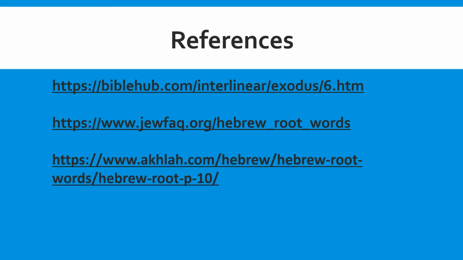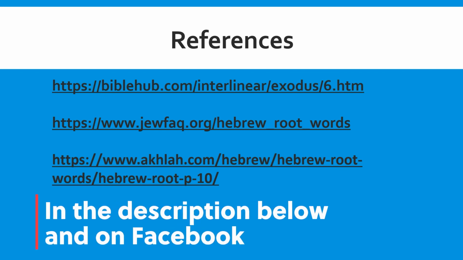The last website is Achla, which has some cool little downloadable kids worksheets on Hebrew root words that I thought you might enjoy. And then also there is a post that's supposed to be on the Facebook page. If you're interested, I took those slides and put them in a Word. You can print them out and cut them out to use as flashcards.